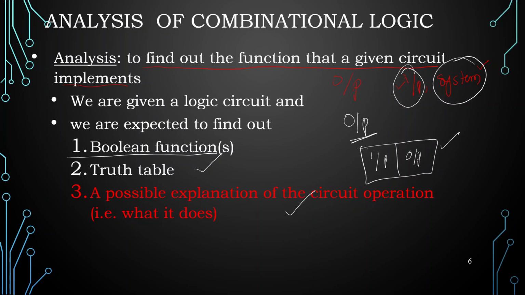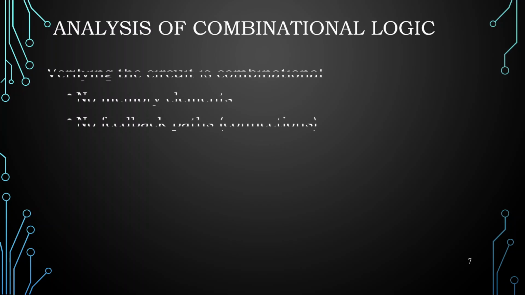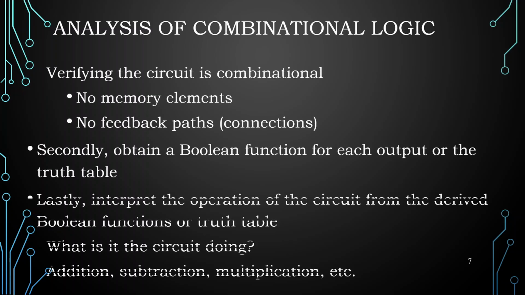From this input-output relation, I can say what the circuit is doing. Firstly, we make sure that the given circuit is a combinational circuit. Then it is straightforward: apply the input, obtain the output. So from the circuit details and the input details, if you are able to find the output, then it is called analysis of a combinational circuit. We have seen what is meant by analysis of a combinational circuit.